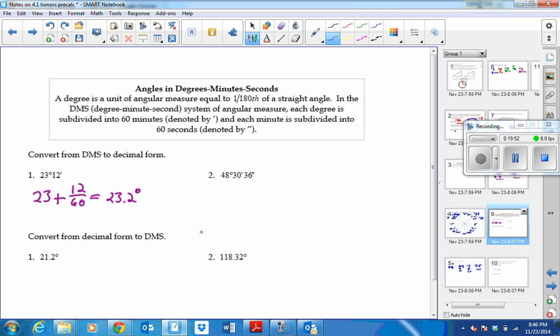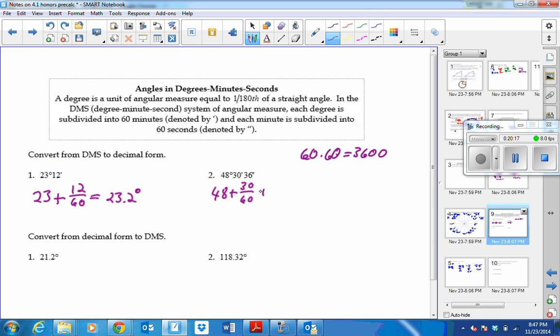Now for this one, we have 48 degrees, 30 minutes, and 36 seconds. So we have 48 full degrees, and then we have 30 minutes, but how many seconds are there in a minute? There's 60 seconds in a minute, and so there's 3,600 seconds in a degree.